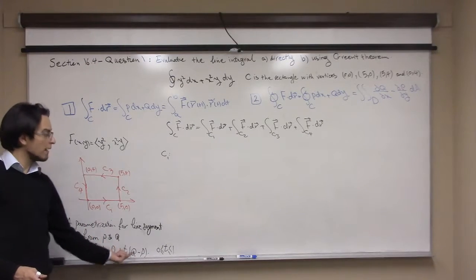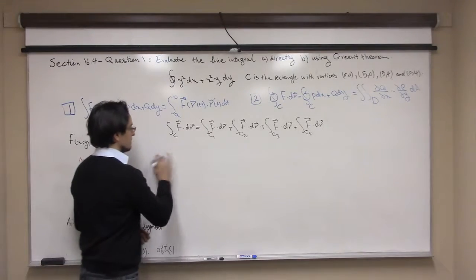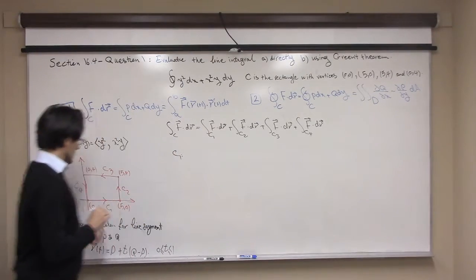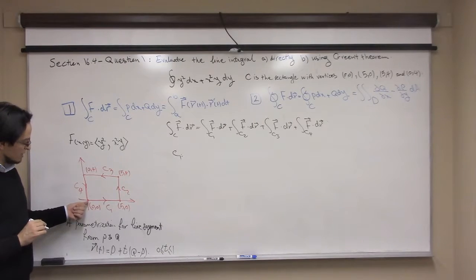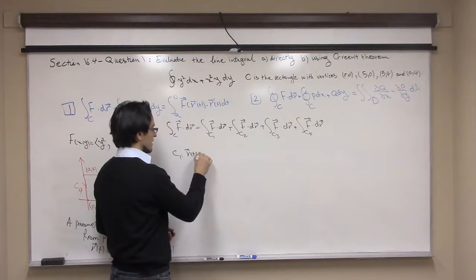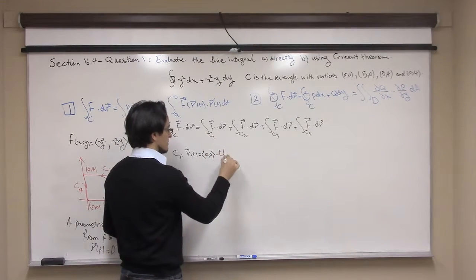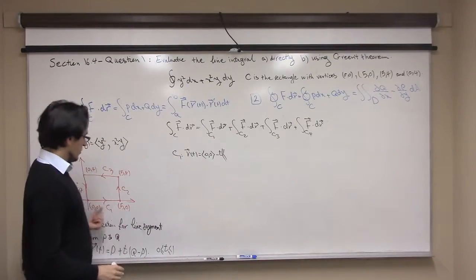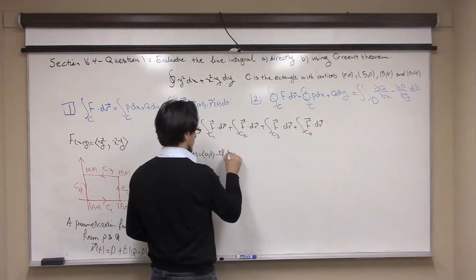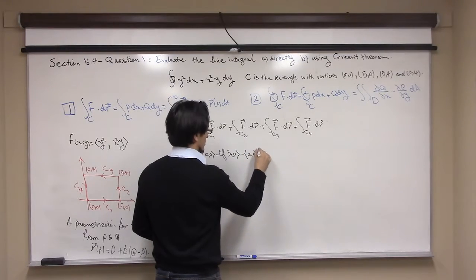I'm going to use this parameterization for all these 4 pieces. C1 is the line segment going from (0, 0) to (5, 0). So our r(t) is (0, 0) plus t times the end point minus the initial point, so (5, 0) minus (0, 0).